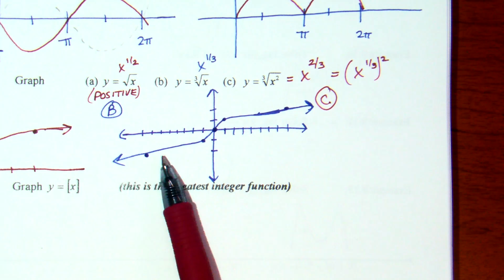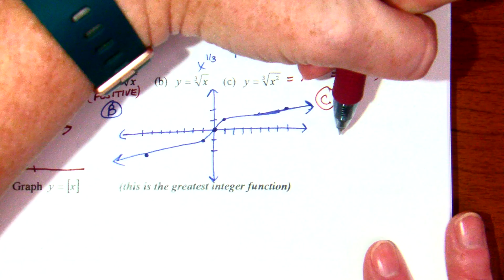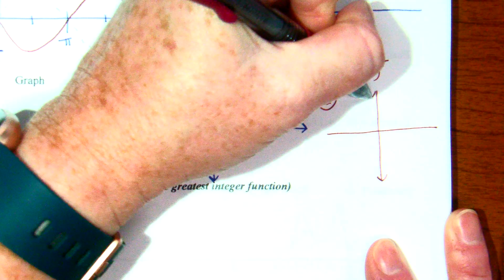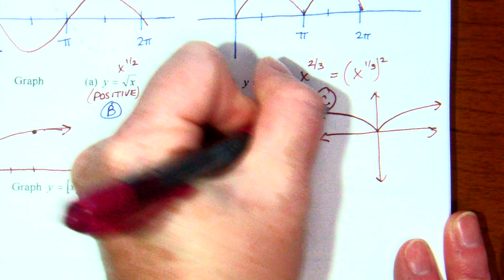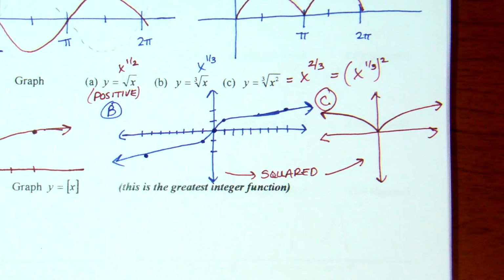This negative part, kind of like absolute value, is going to flip up, because that's what a square does. It makes something positive. I'm not going to go into numbers, but I'm going to give you a basic sketch here. It's going to be something like that, because you're taking this graph and you're squaring it, and when you square it, it gives a positive.